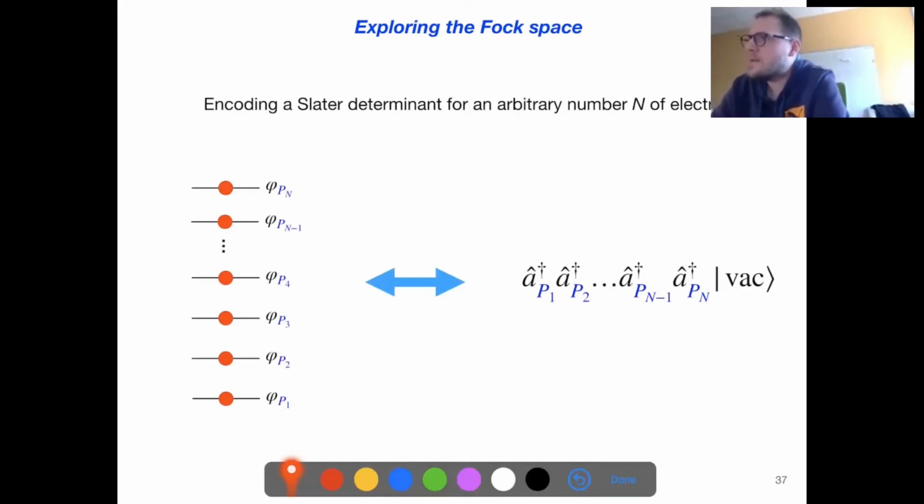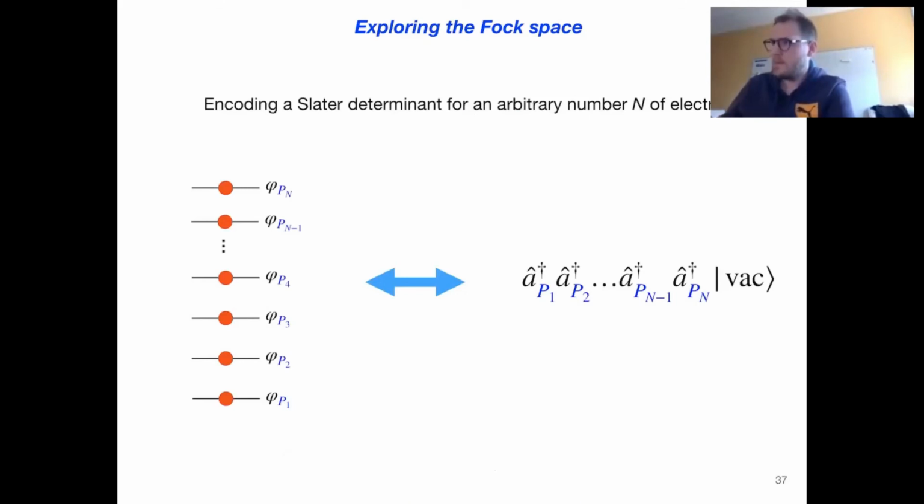So the factor, 1 over square root of factorial n and so on, you don't need that anymore. Did I answer your question, Lucas?